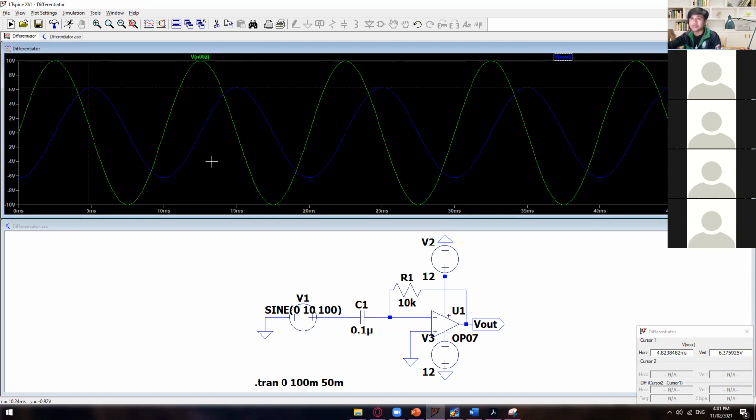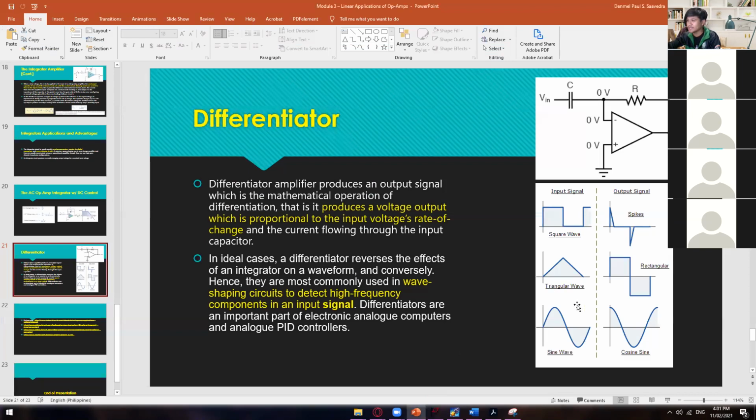So as I have mentioned in here, if we have an input of sine wave, you'll get a cosine. Okay. So how did I get this cosine? So this one actually has a computation, but I haven't shown it anymore. But you can find it on the internet. Okay.